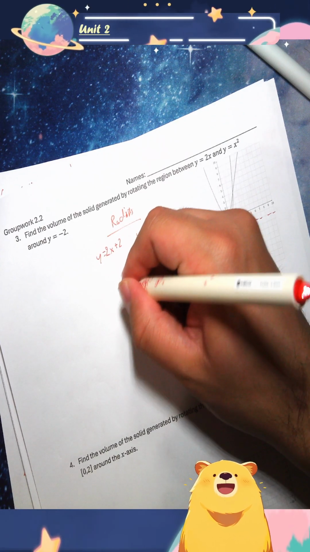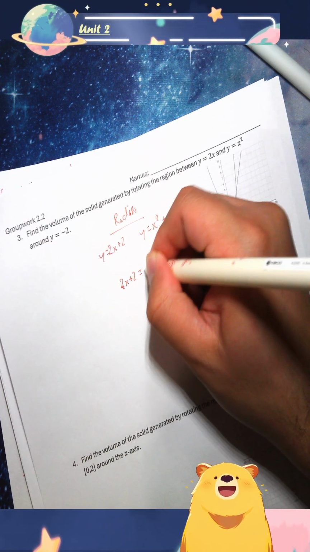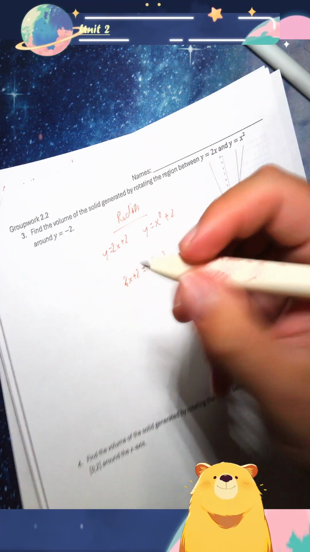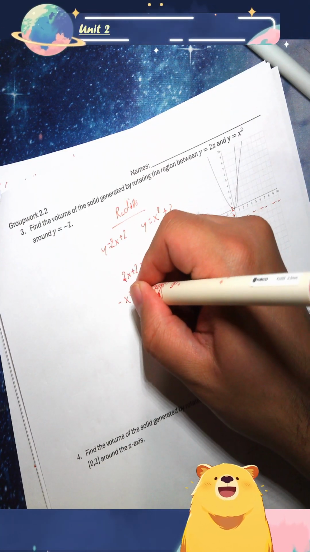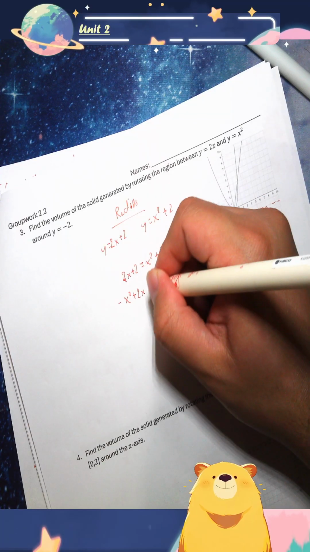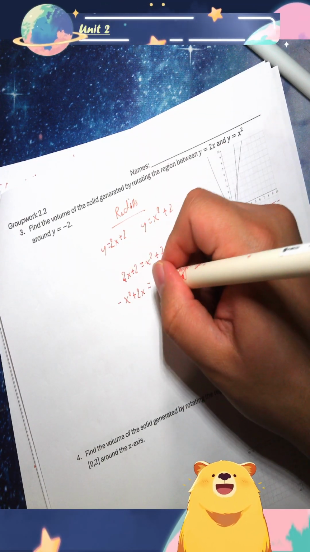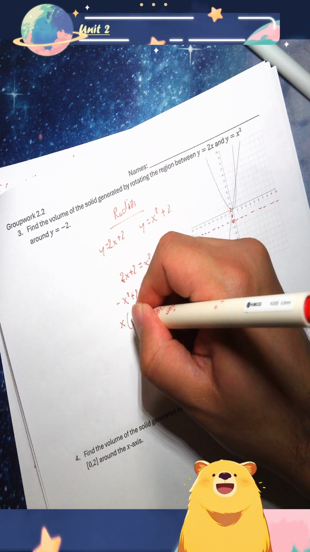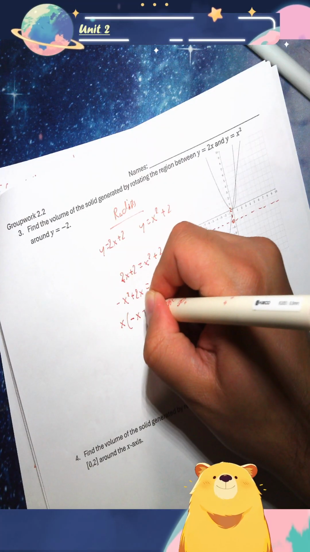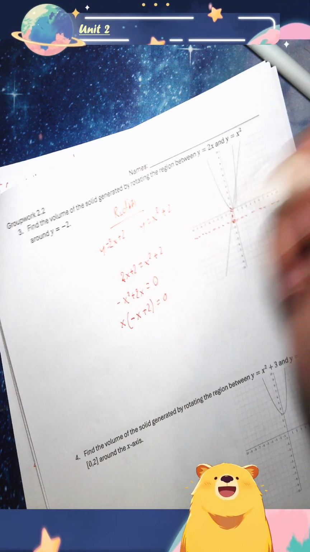We have 2x plus 2 is equal to x squared plus 2. Put everything on one side, we get negative x squared, sorry, plus 2x, and then there's no 2's, they'll cancel out. Factor out the x, so we have negative x plus 2 is equal to 0.